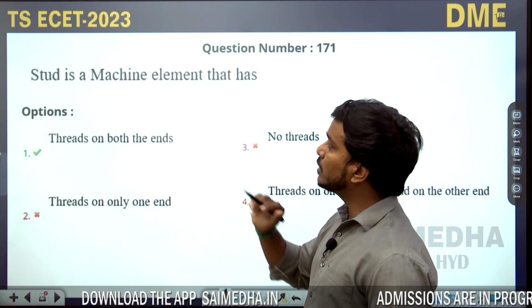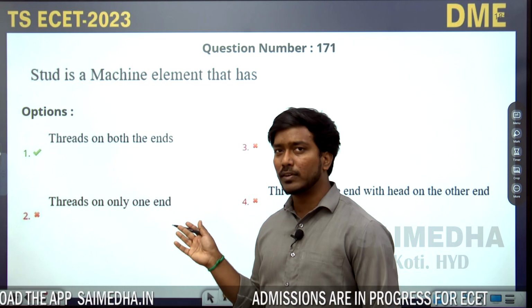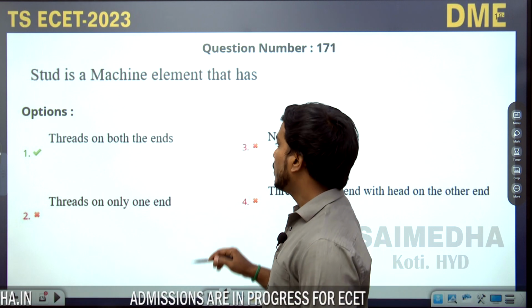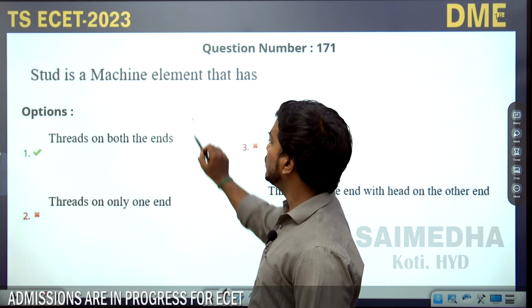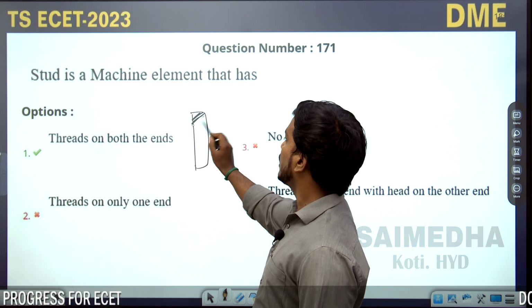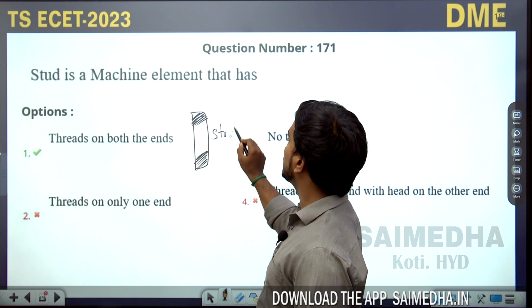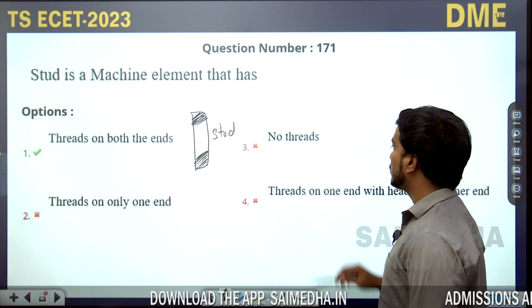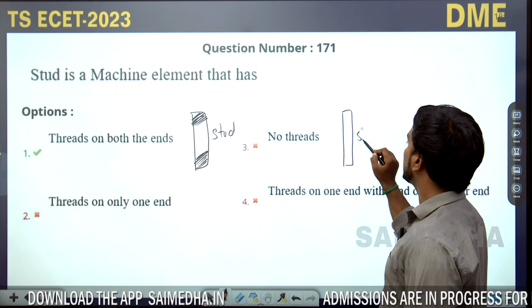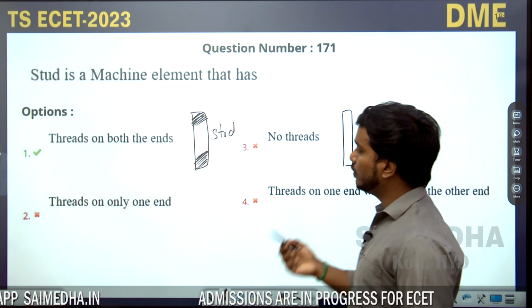In the video lectures I have given types of threads and screws, in the starting first chapter video lectures. Stud: threads on both the ends like this. Here you have threads, here also you have threads. This one is called a stud. If no threads are there, it is a shaft.